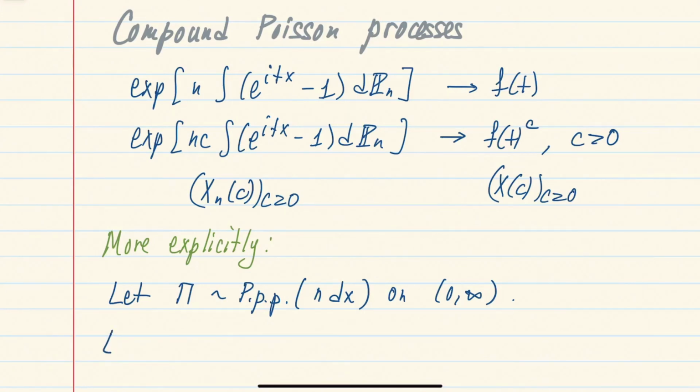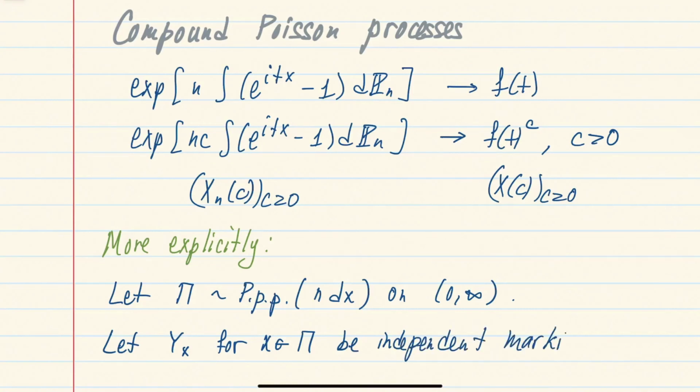And then let's take independent markings of this process. So let Yx for the points x in this Poisson process pi be independent markings with the distribution Pn. In other words, just IID random variables from this distribution Pn.